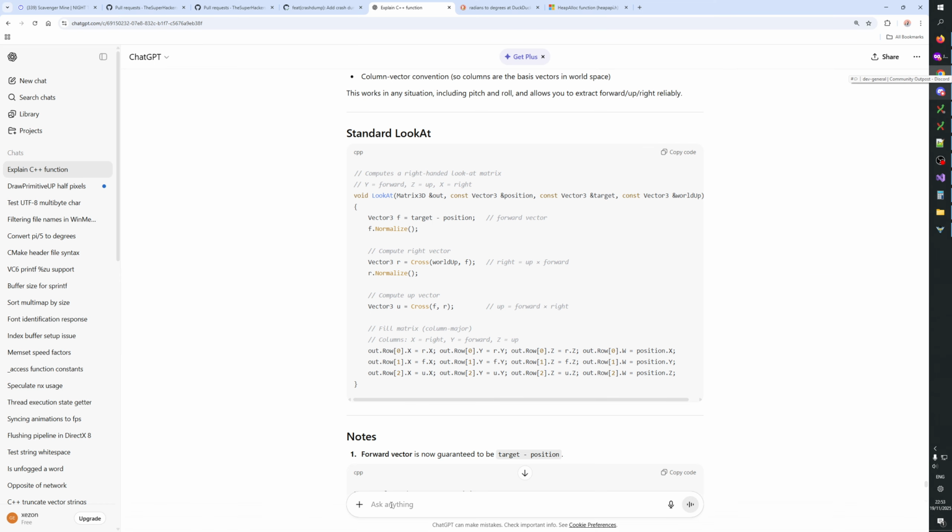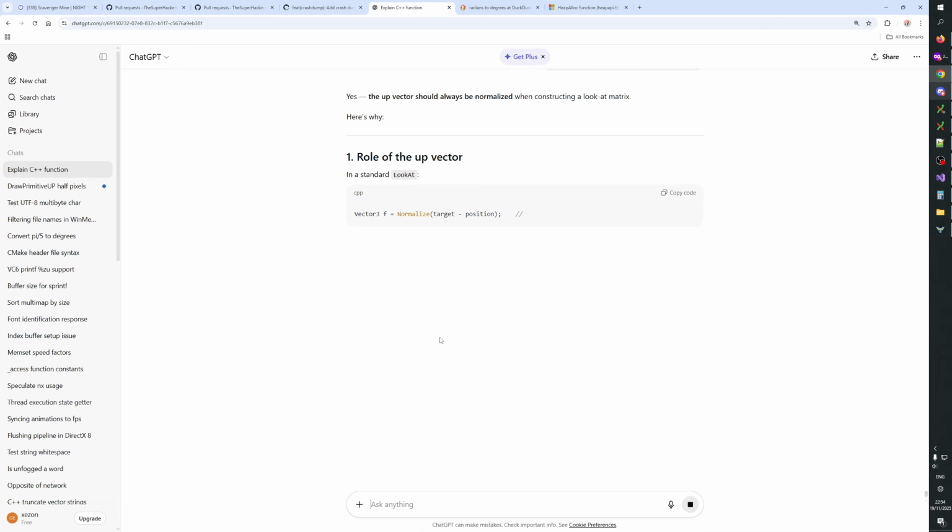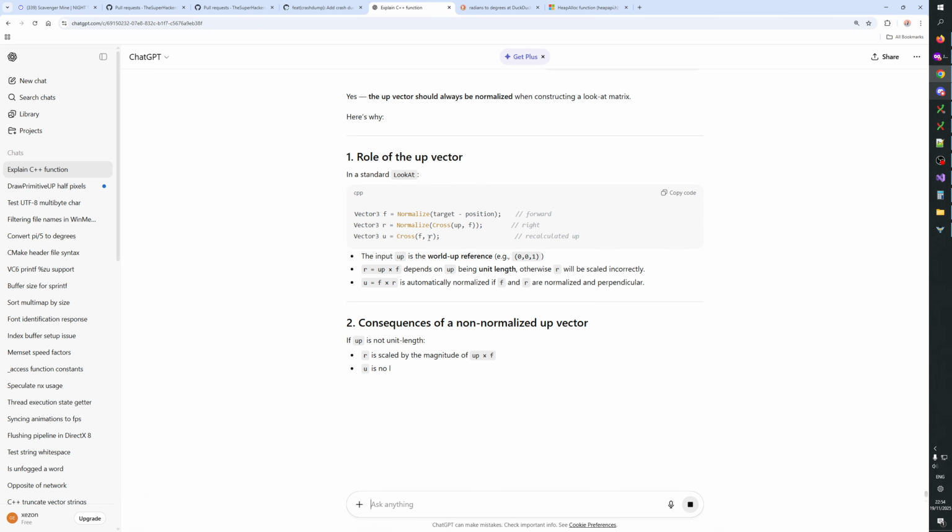Yeah, do we also need to normalize the up vector? Should always be normalized. Okay.